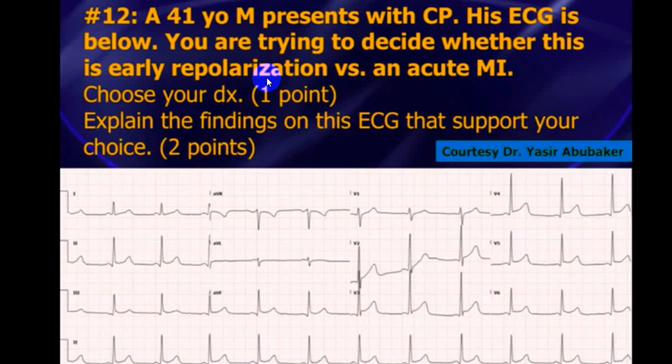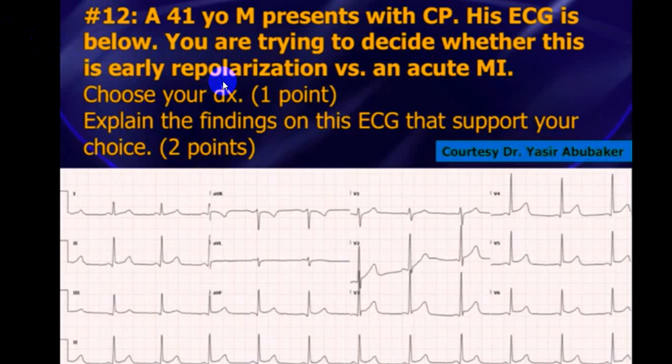But it is also of importance to identify early repolarization, confirm the diagnosis, and try to differentiate into type 1, type 2 or type 3. Because type 2 and 3 are dangerous; 3 is the most dangerous. Type 1 is benign, and we call it a benign early repolarization.